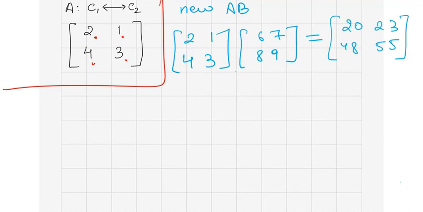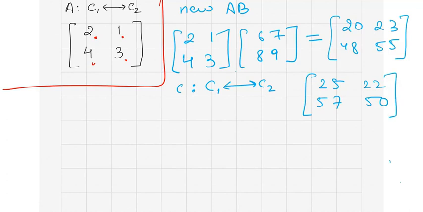If we apply the same column transformation to C, then we get the matrix 25, 22, 57, 50. And these two matrices are also obviously not equal.